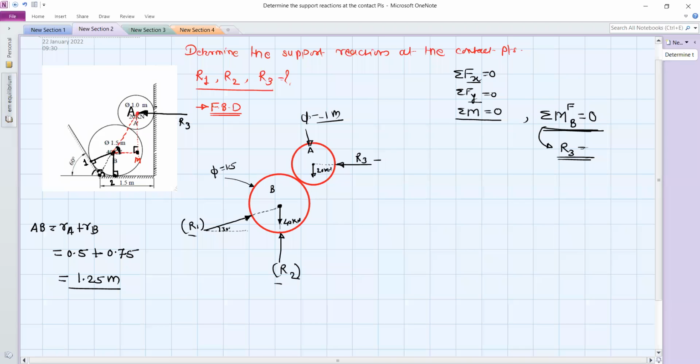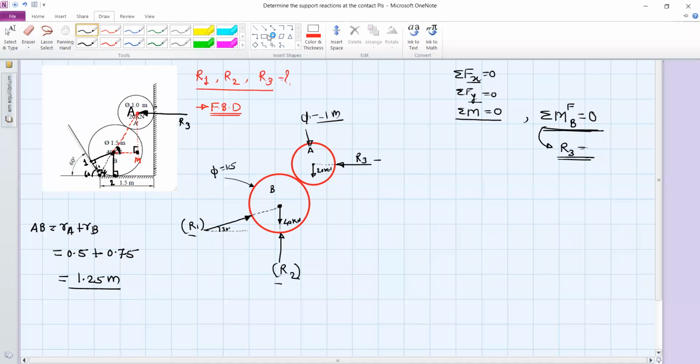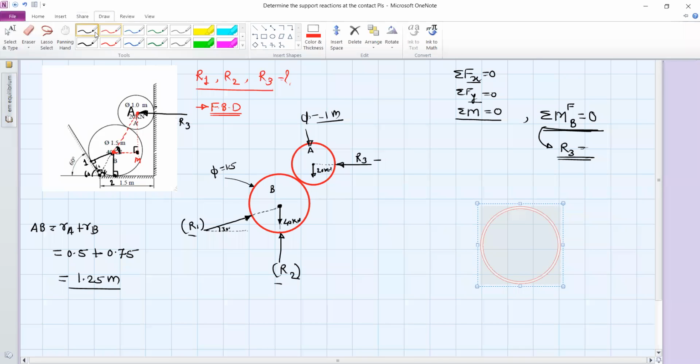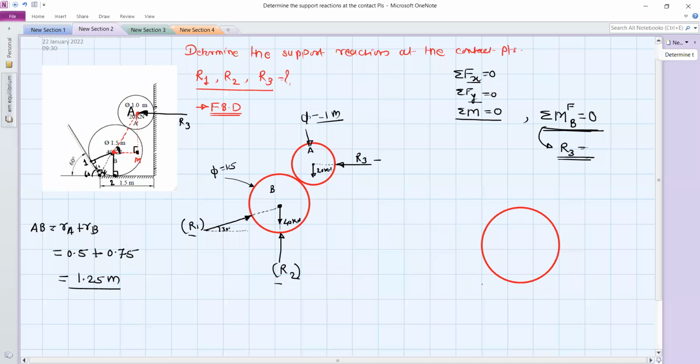This total angle is 120 degree, so this is 60 and this angle will be 60. Here we have the common point, and this is the tangent surface. This is the second tangent surface, and this is the center of that circle.